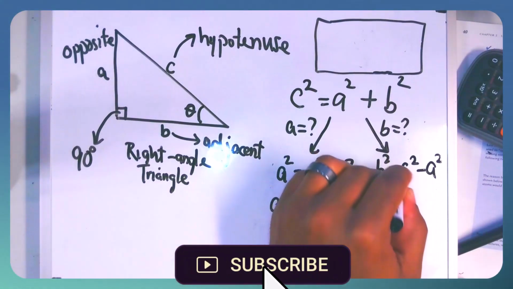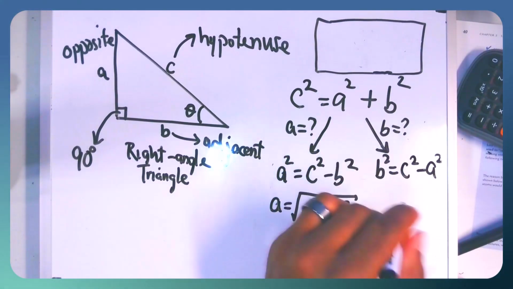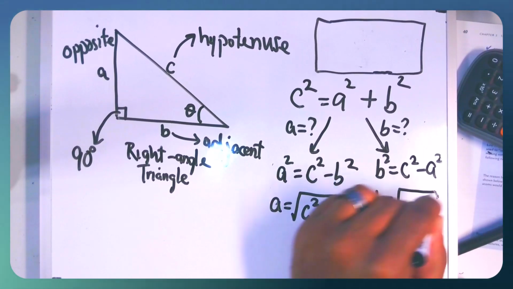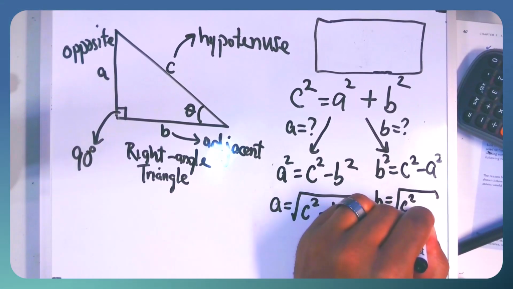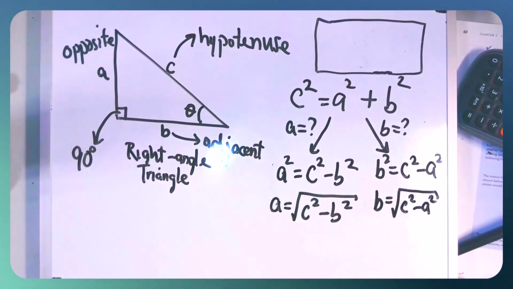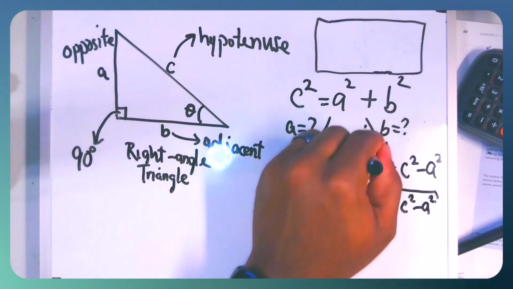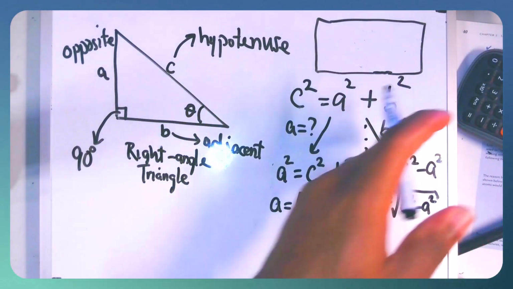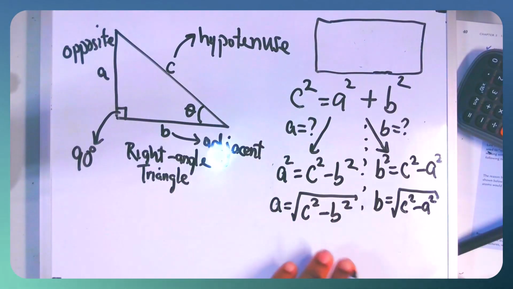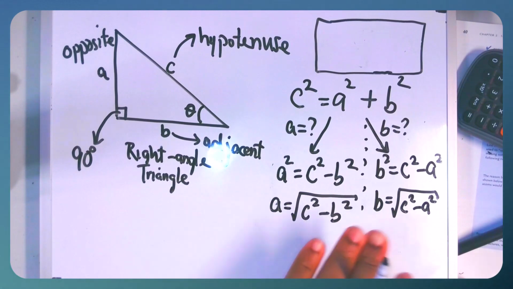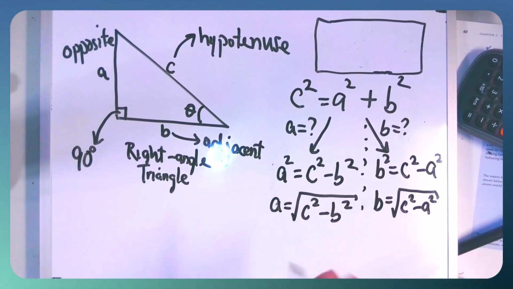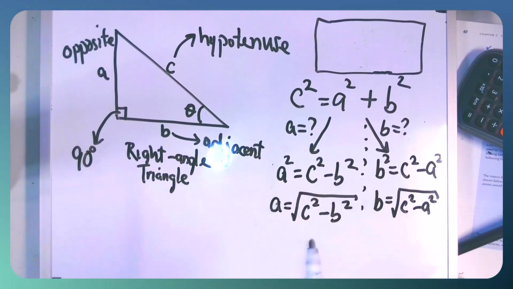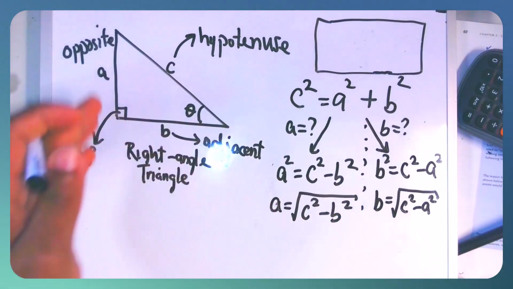To remove the square from B, we take the square root of both sides, giving the square root of C squared minus A squared. Remember that it is always subtracting the square of the smaller given side from the square of the longest side of the right angle triangle.